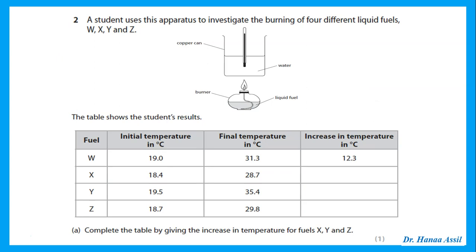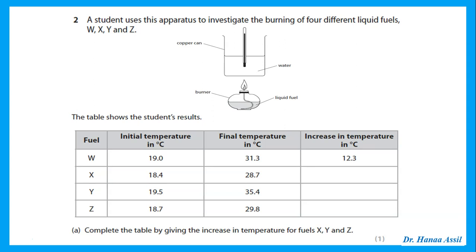A student uses this apparatus to investigate the burning of 4 different liquid fuels, W, X, Y, and Z. So he is bringing a copper can with some water in it, and he has different fuels, and he's going to use them to heat the water. And then he's measuring initial temperature and final temperature.